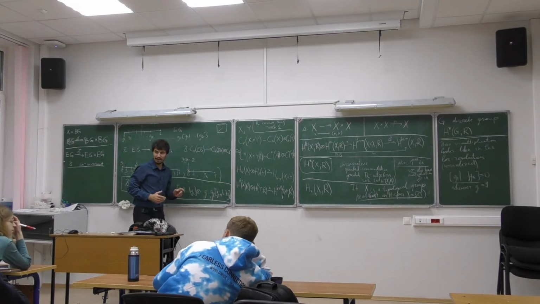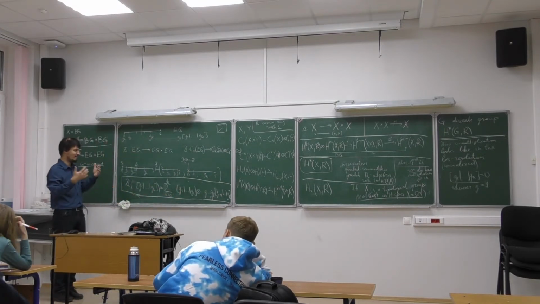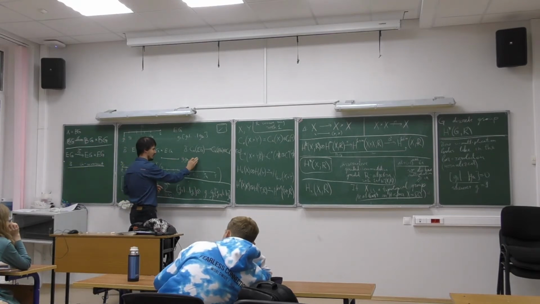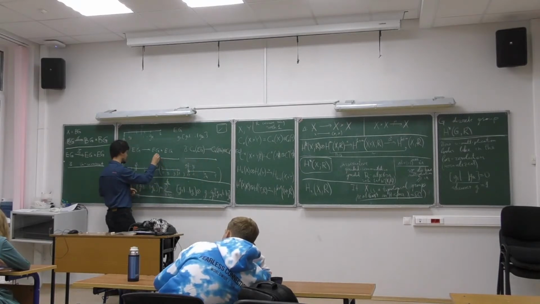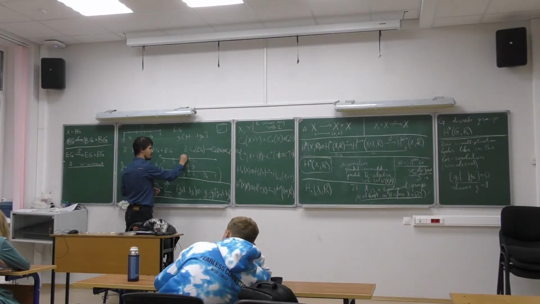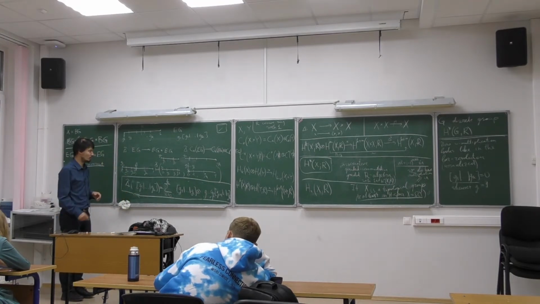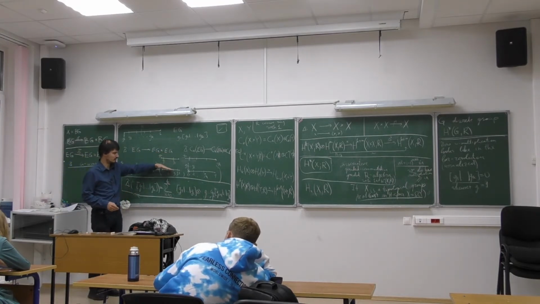Well, how to make a homotopy from repeating it twice? Here we repeat it twice. And here we proceed like that. So the homotopy from here to here looks like that.